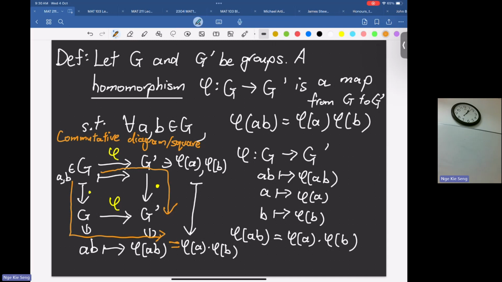The diagram is: you start with G, take two elements and compose them first. The other route, you apply phi first and then compose. Then they should be the same.